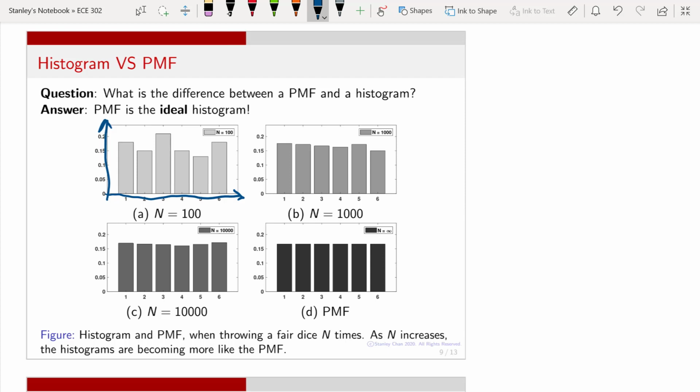Now, if you do this experiment infinitely many times, you will get a histogram which you can imagine will become flat all the way. Now, what is that? Well, this is actually the PMF, the probability mass function of a uniformly distributed random variable from 1 to 6. So let's say you have a random variable x, which is a dice.